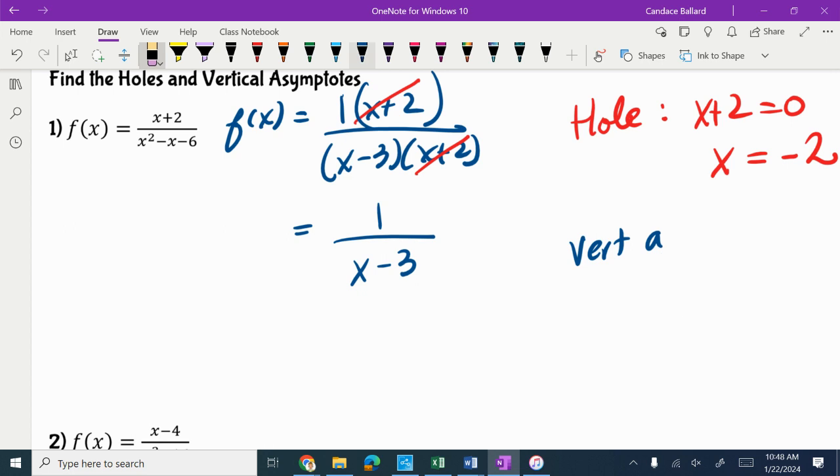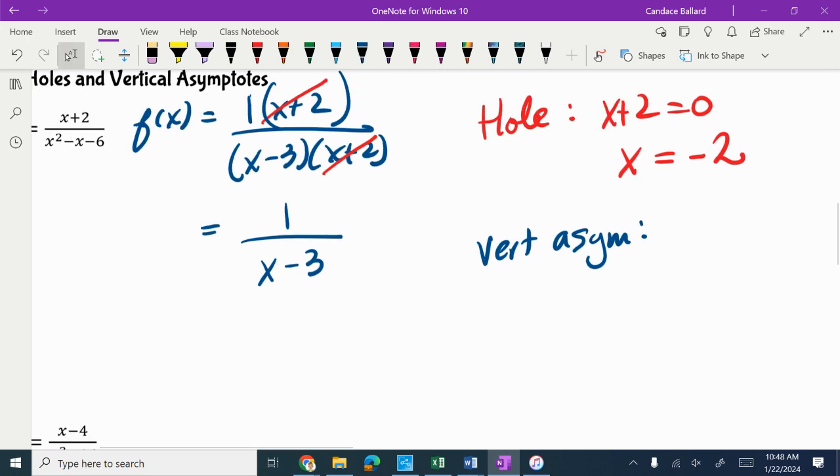I can never spell it, so I just abbreviate usually. Vertical asymptote. We've got x minus 3 equals 0. I don't know who came up with that word and how to spell it. All right, x equals, what do we end up with? Positive 3. When you're listing your answers in Otis this week on Friday, you need to have x equals.